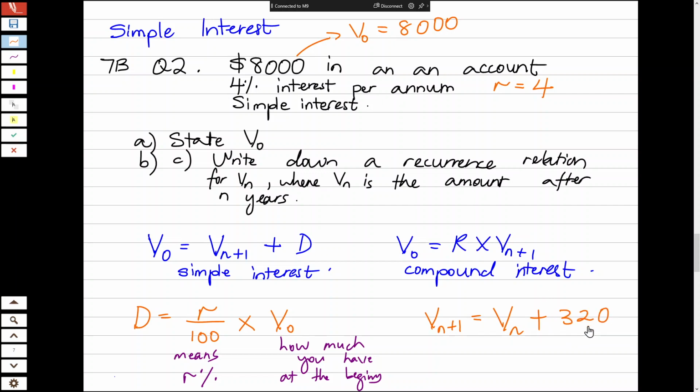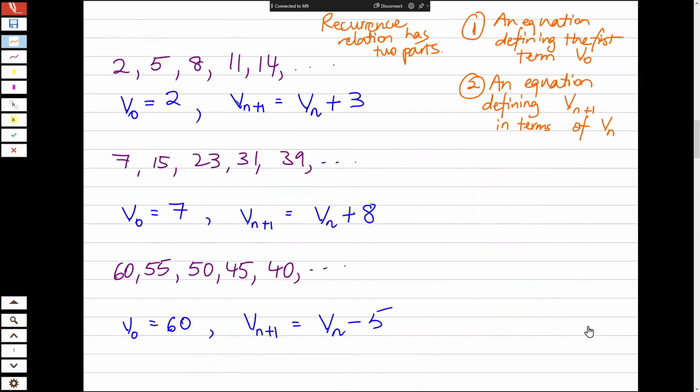Okay? Now, is this a recurrence relation? No. It's not a recurrence relation yet. Remember, you need two pieces, you need the starting point. This has happened on an exam.